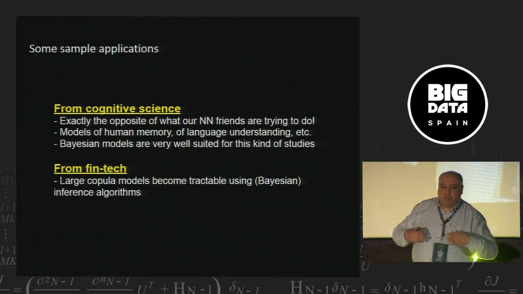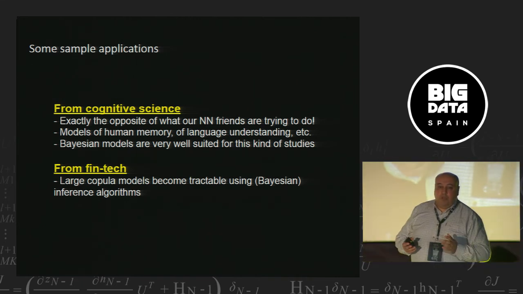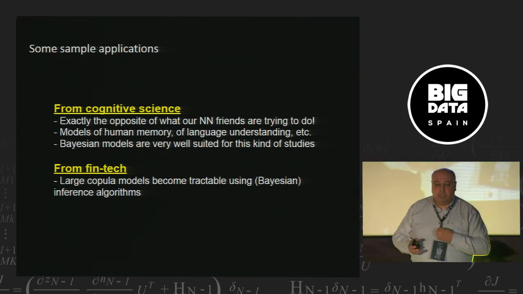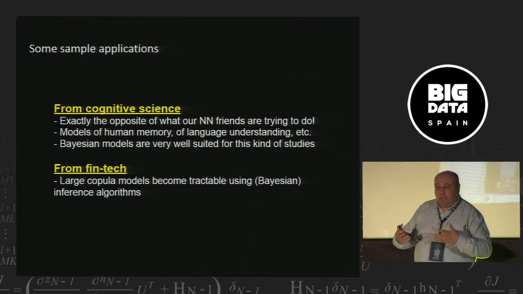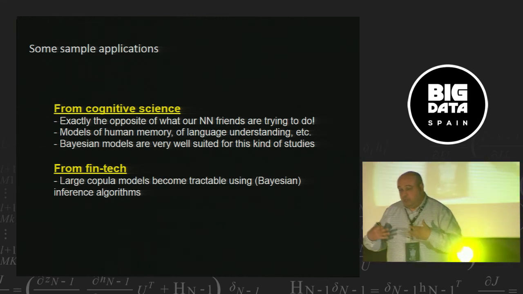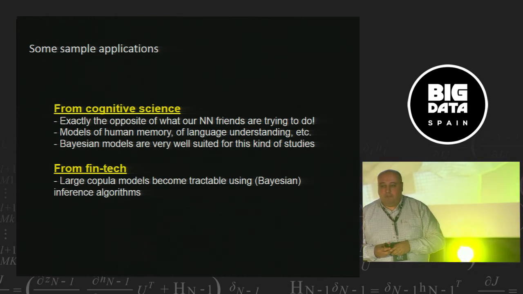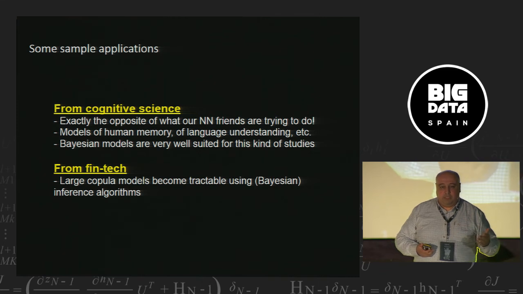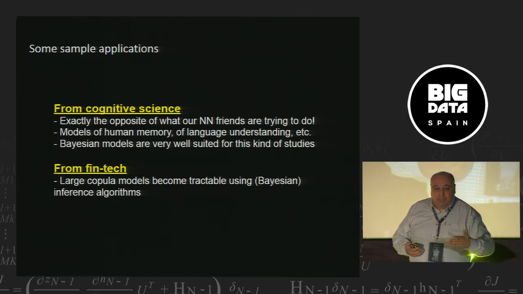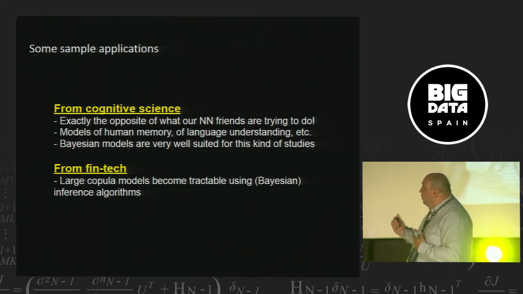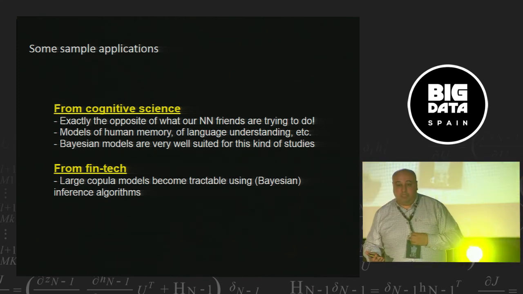And then you put some coefficients, and you model how the memories are going to fade. And then you do some experiments, and you're able to quantify how the memory fades, and you're able to validate that assumption that you made, that how fast the memory fades depends on how related to other things it is. You validate that hypothesis. So this is the kind of thing that people do in cognitive sciences with Bayesian models.